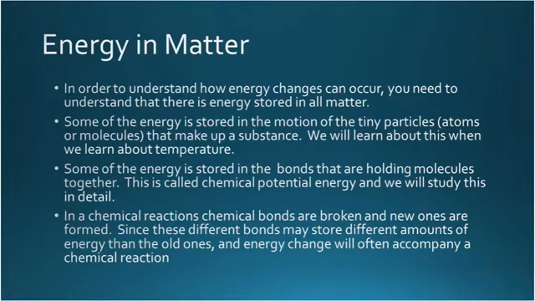Some of the energy is stored in the bonds that are holding molecules together. This is called chemical potential energy, and we will study this in detail. In chemical reactions, chemical bonds are broken and new ones are formed. Since these different bonds may store different amounts of energy than the old ones, an energy change will often accompany a chemical reaction.